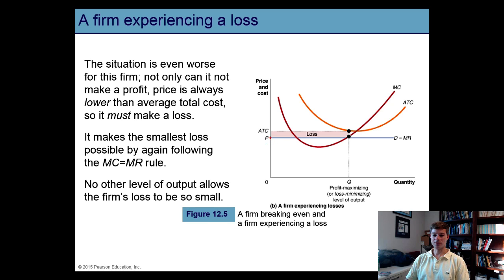The area of the pink rectangle is equal to a base of Q times a height equal to the difference in ATC and P. The difference in average total cost and price represents the profit margin. It's a loss margin, and that's what's being lost on each unit produced. So if you multiply Q by the loss margin, then what you'll get is economic losses, and that's exactly equal to the area of the pink rectangle.